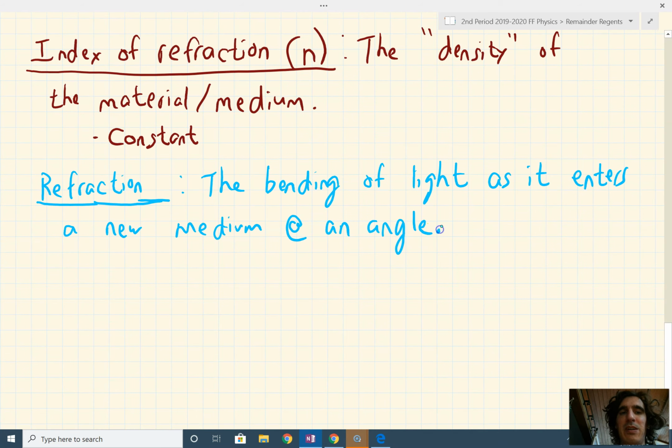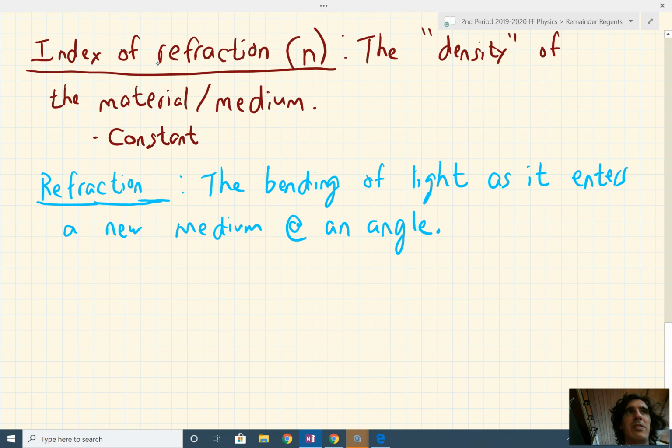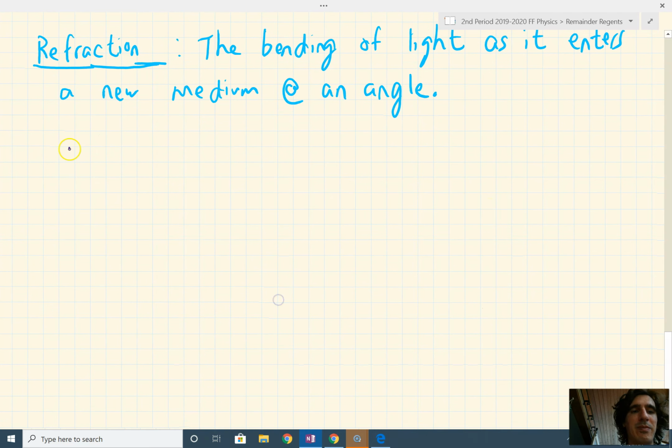Okay, now we can calculate the index of refraction just using the ratio of the speed of light to what the new speed of light is inside that medium. So n, the index of refraction, is c.